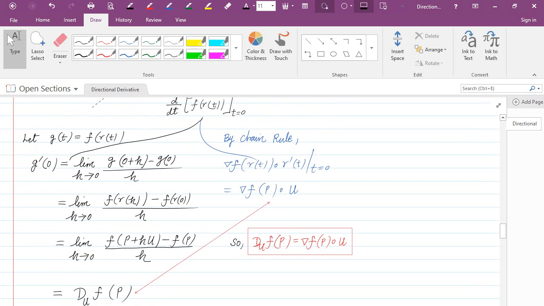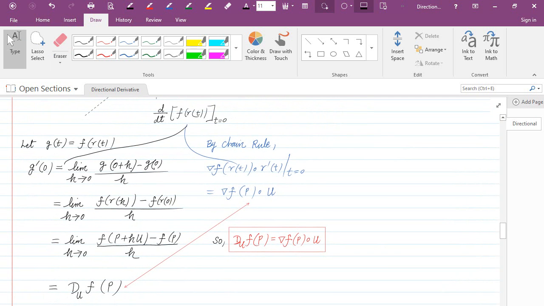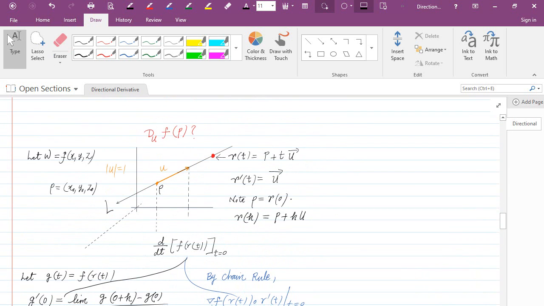Now on the other hand, we can calculate this derivative by using the chain rule. By the chain rule, this derivative would be the gradient of f evaluated at r of t dot product with r prime of t, and then we need to evaluate that when t is 0. Well, recall that r prime of t is u.